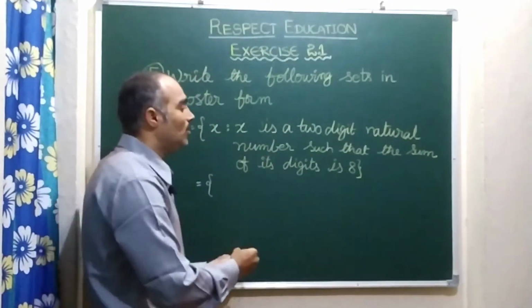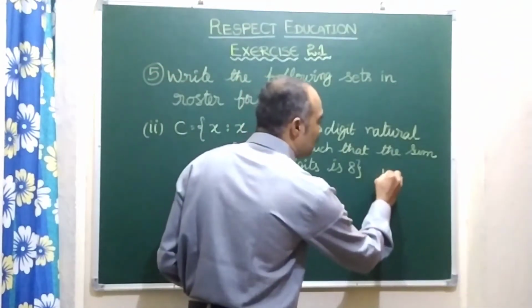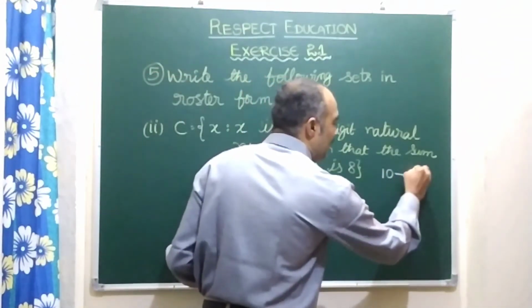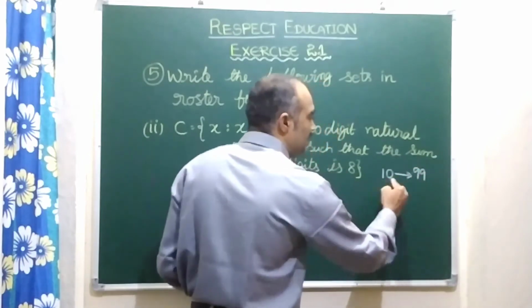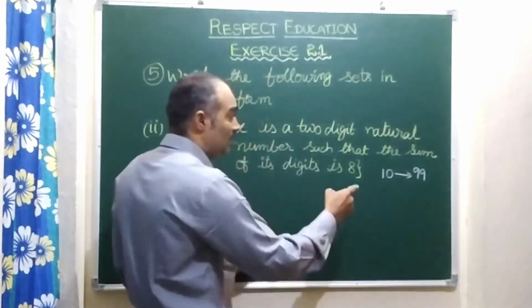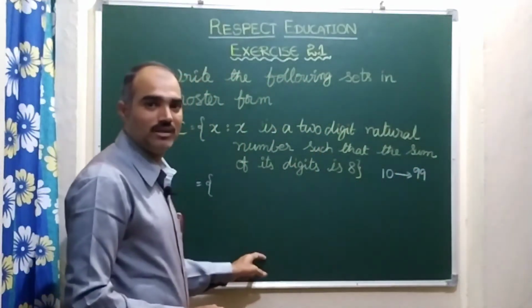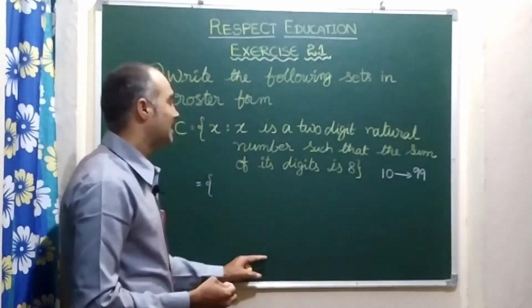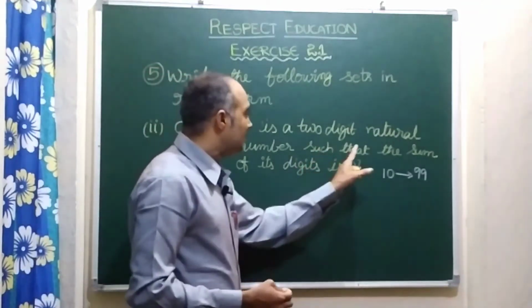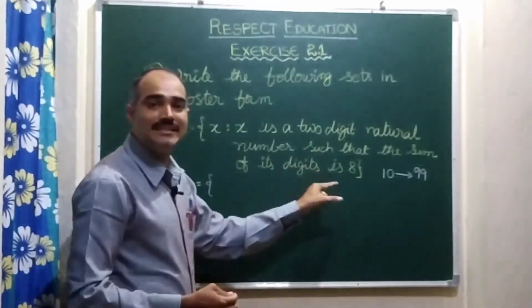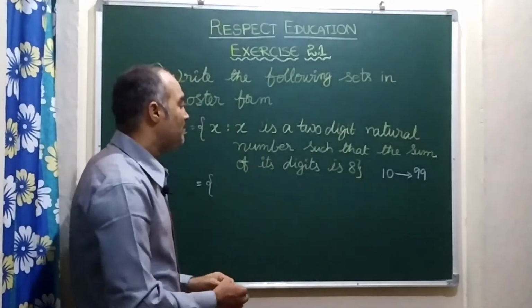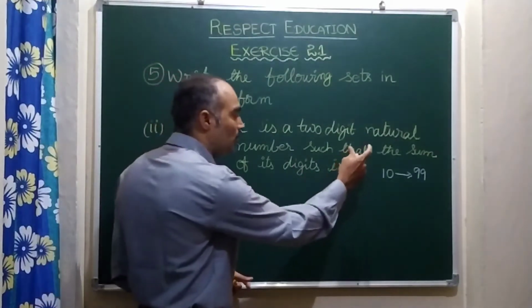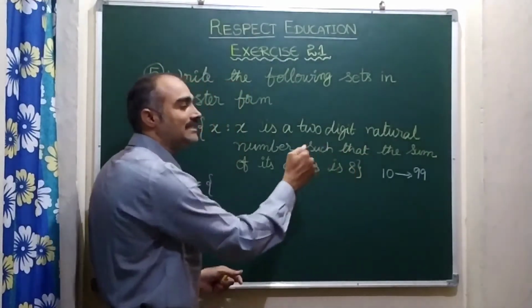So actually you know 2-digit natural numbers, they start from 10 and go up to 99. In between, all the numbers there are all 2-digit natural numbers only. So shall we write all the numbers? Let us see the condition. Such that the sum of its digits is 8. So here we need to see a 2-digit number whose sum of the digits is 8.